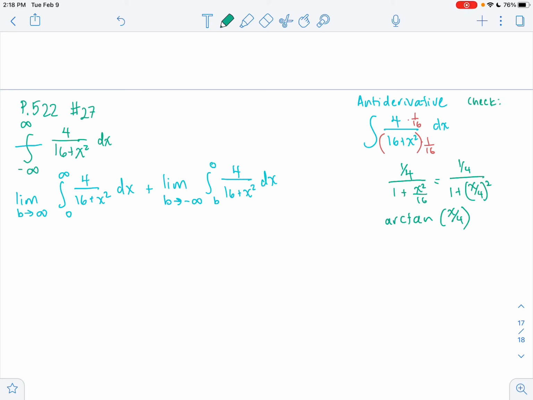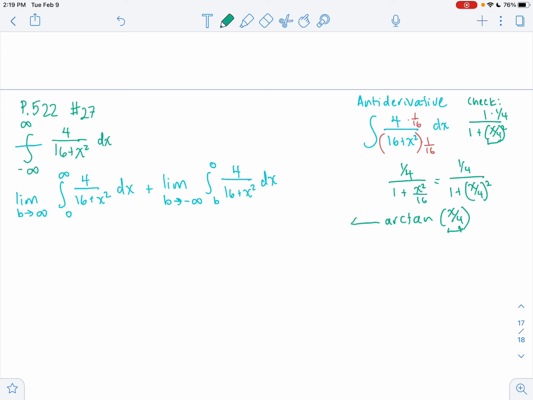The derivative of arctangent of x over 4 would mean that I put x over 4 in as the input, where x normally typically is. And then because x over 4 isn't just x, I have to do chain rule on that, and the derivative of x over 4 is 1/4. So you can see here that this expression matches what we began with. So arctangent of x over 4 is our antiderivative.